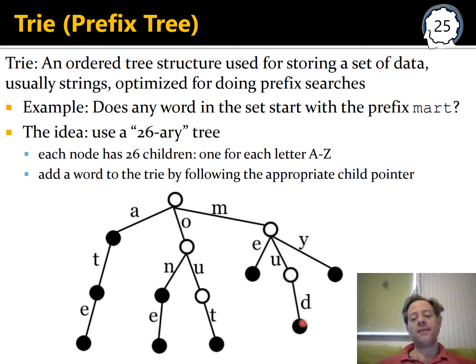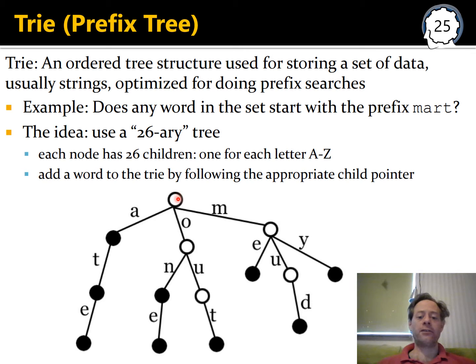It's really simple to build this kind of data structure. You always start with an empty tree, and then you add the words one by one. You start in the root, and you check the first letter.